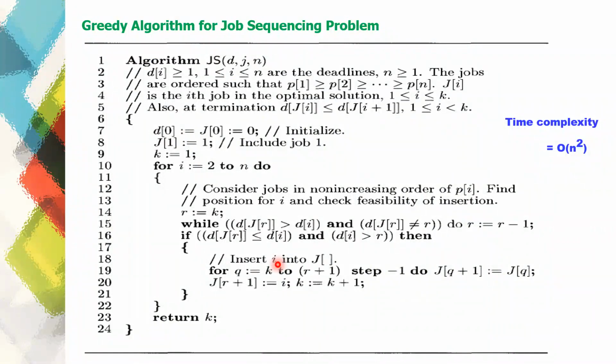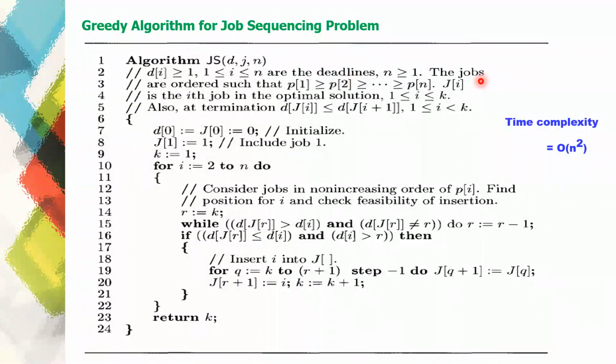Don't fear, the algorithm looks like this, but it's very simple. This is the job scheduling algorithm, which will take the deadlines, the jobs and the number of jobs. These three will be the parameters for the algorithm. So D is the deadlines. You already know D of I is an array which consists of number of deadlines.